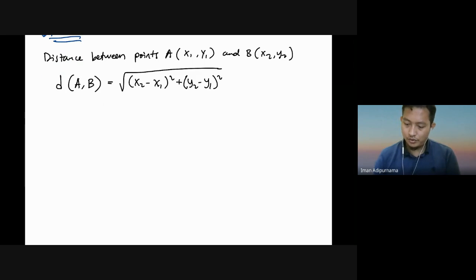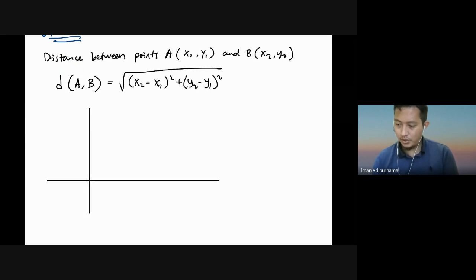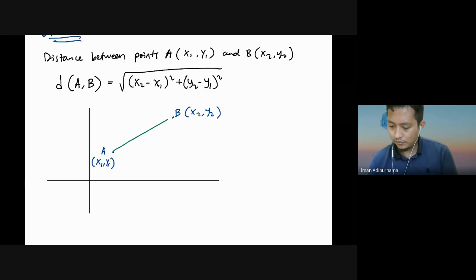Because if you look at the plane, let's say this is A, this is B, two different points, right? And this is the distance.